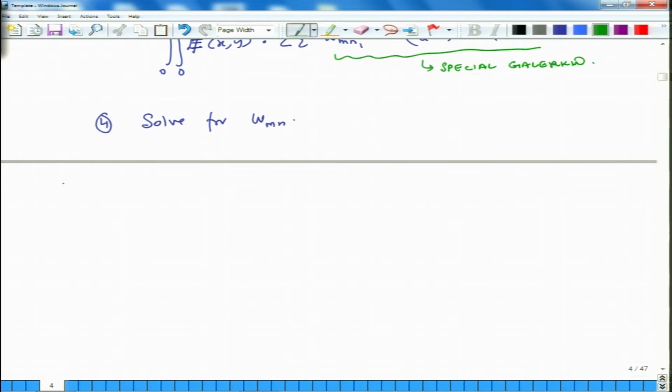So, here we will use a two term solution.